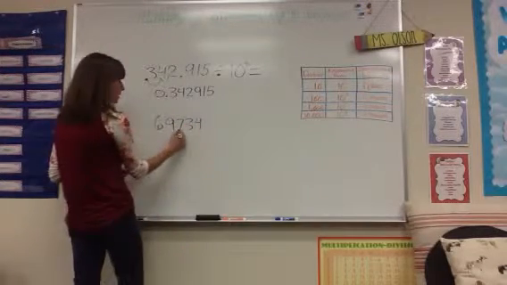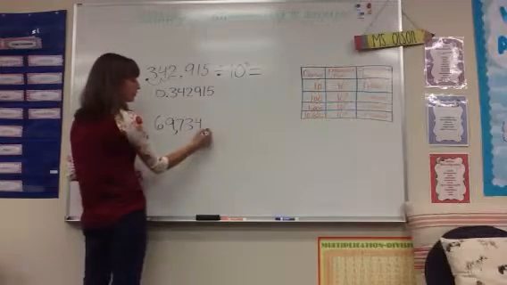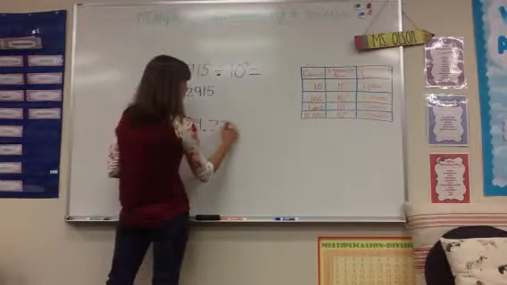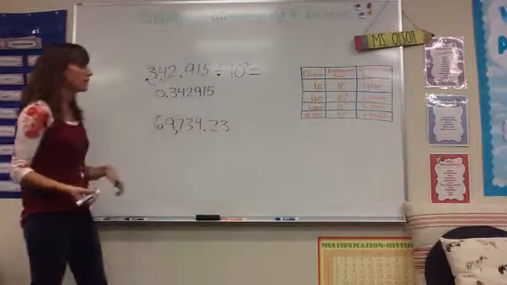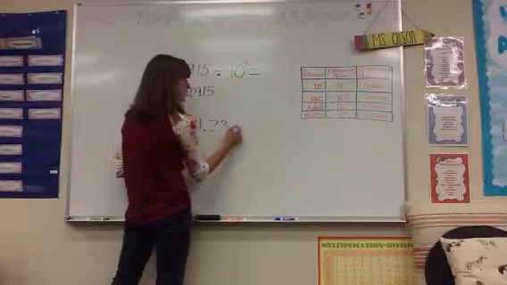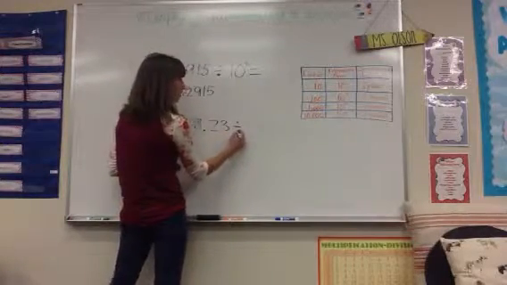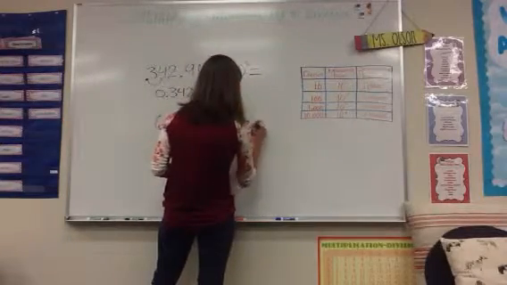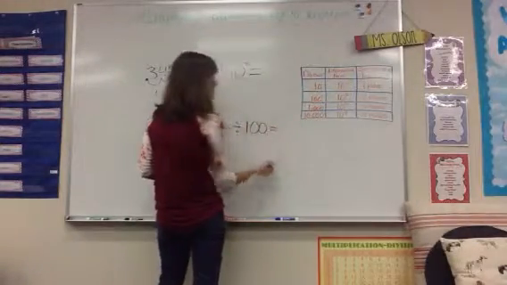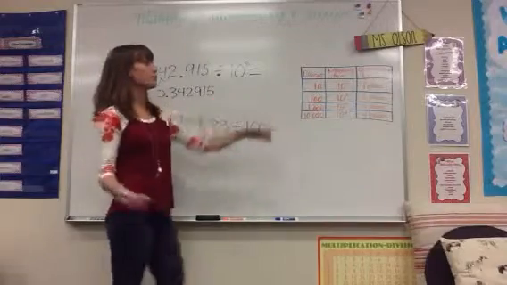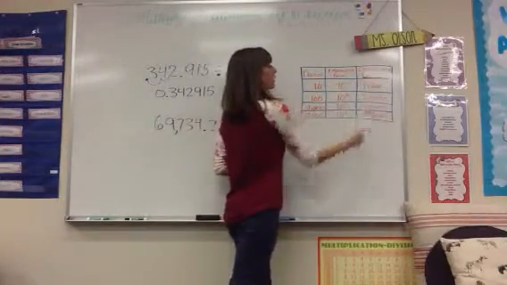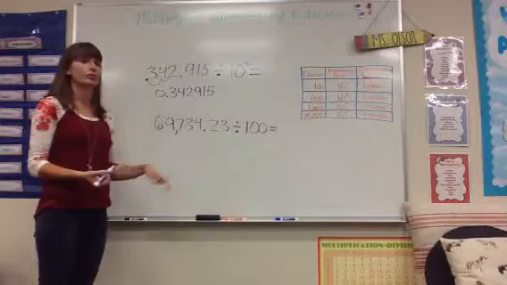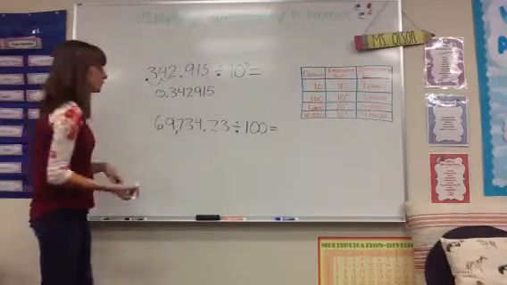69,734.23. Let's divide it by 100. So look at 100 on your chart. How many places to the left are you going to have to move your decimal point?